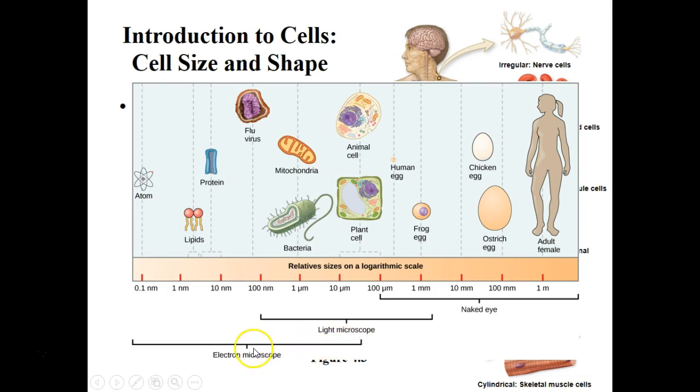We would have to go to electron microscopy to actually see individual atoms or proteins. We don't have that. What we have is the light microscope, and this is what we're going to be focusing on. When you get into microbiology, we'll still be focusing on the light microscope level, which magnifies up to 1,000 times the size of the organism.